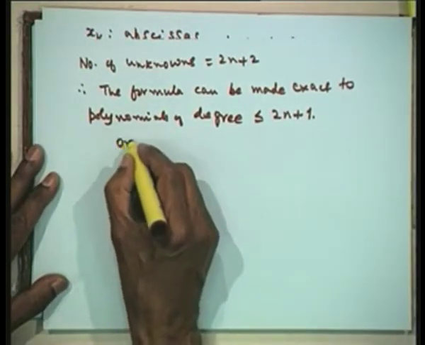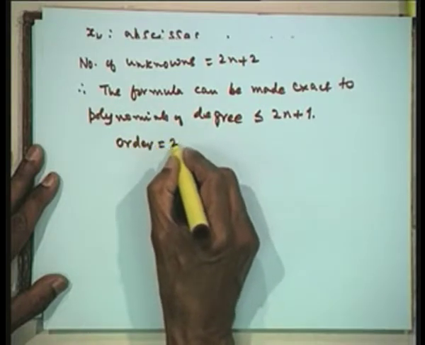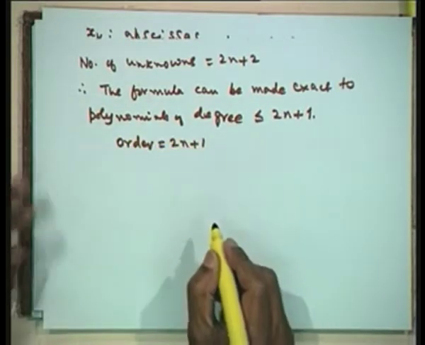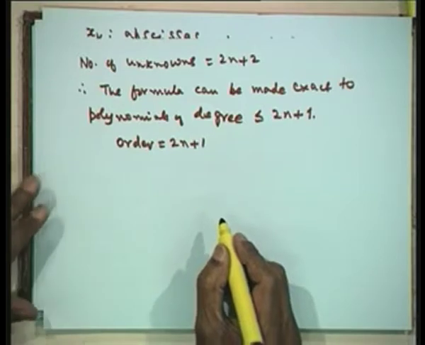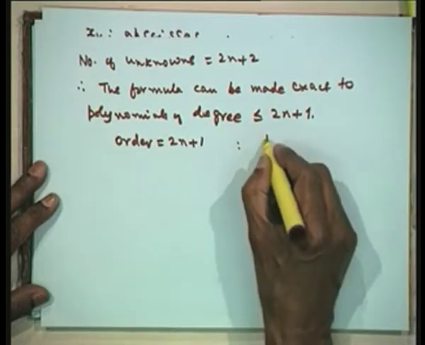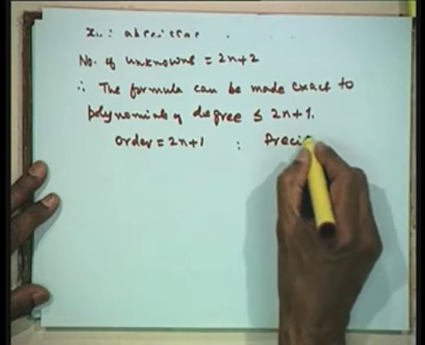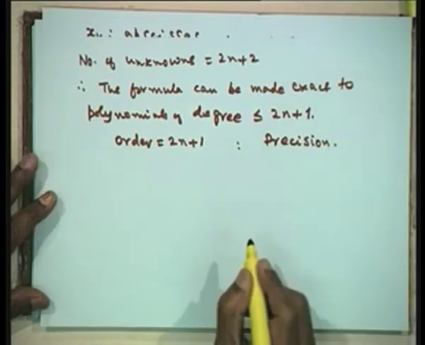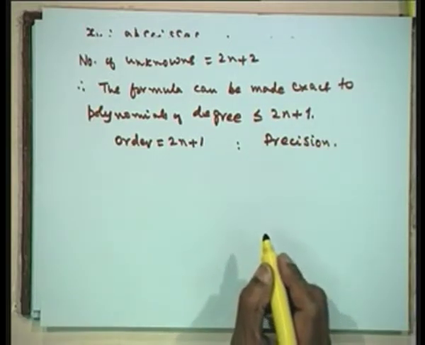That means the order of the formula can be made 2n plus 1. Sometimes the order is also called precision. So, we can also use the alternative name, precision of the formula.